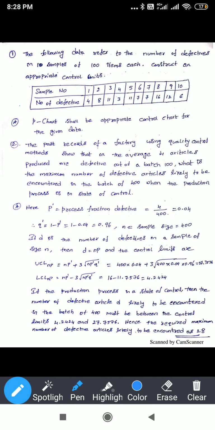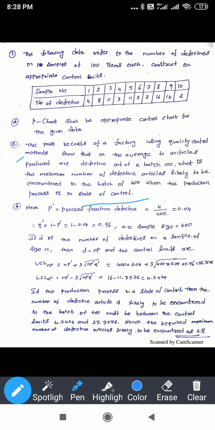Now, come to the second question. The past records of a factory using quality control methods show that on the average 4 articles produced are defective out of a batch of 100. What is the maximum number of defective articles likely to be encountered in a batch of 400 when the production process is in a state of control?